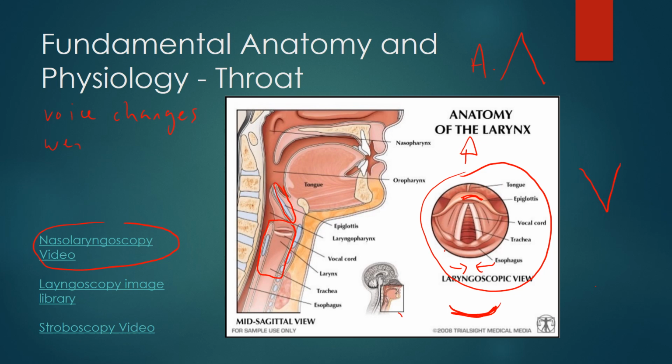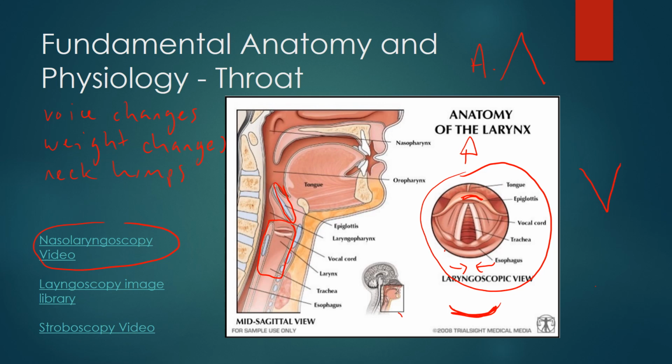We want to know about weight changes, in particular unexplained weight loss, and that's quite a common red flag throughout multiple cancers. We also want to know if they found any lumps in their neck. Now, patients will not always have found them, even though they might have something there. But if they've actually noticed themselves that they have a lump in the neck, then that needs to be taken seriously.